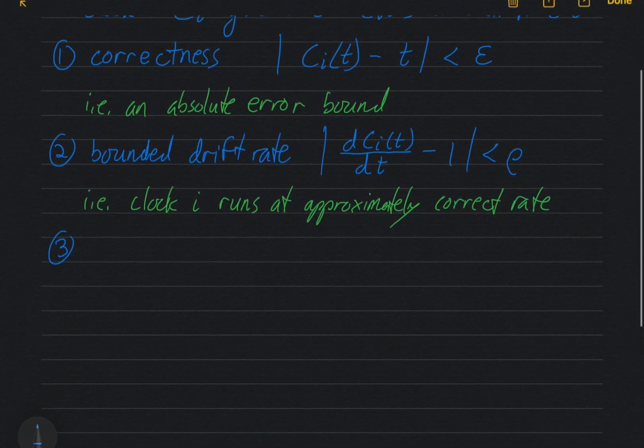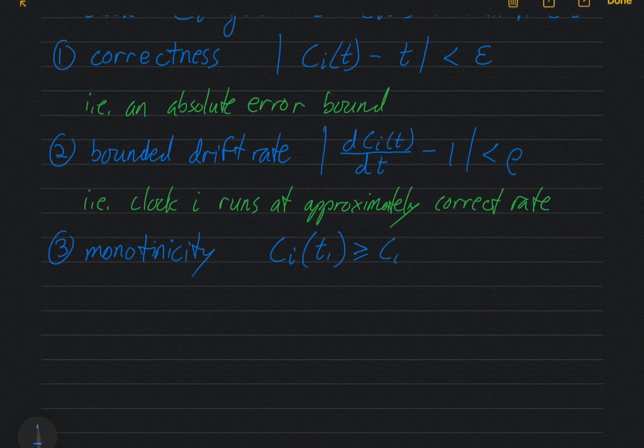Property 3 is called monotonicity, and that can be phrased as the clock that we read at time t1 should be greater than or equal to the time that we read from the clock at t0, where t1 is greater than t0. And if you think about this, what this is really saying is that the clock should run forwards, it should never run backwards.